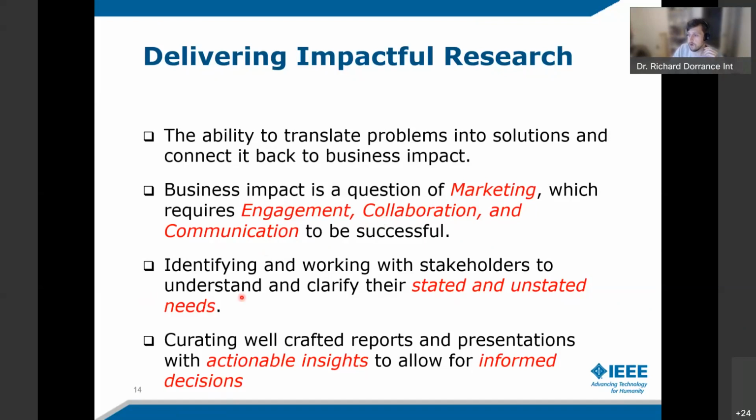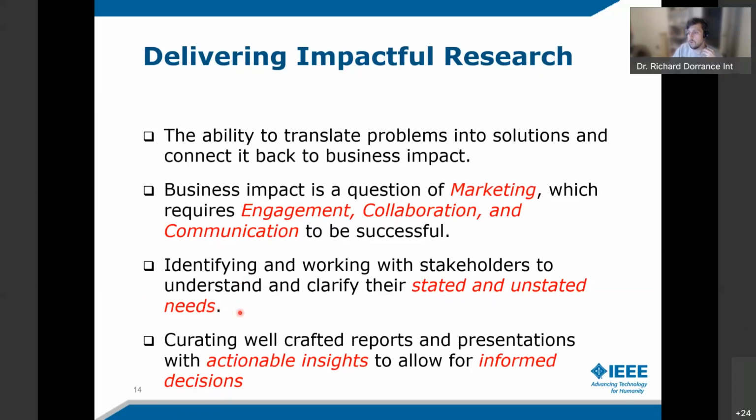A key purpose here, and one that a lot of researchers tend to struggle with, is being able to clearly identify and work with stakeholders of that problem, to understand and clarify both their stated and unstated needs.